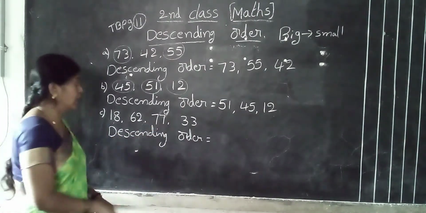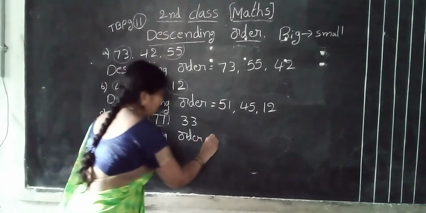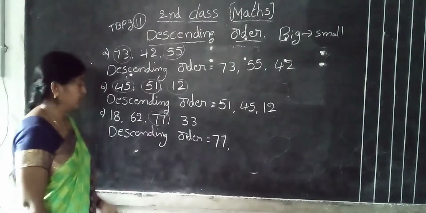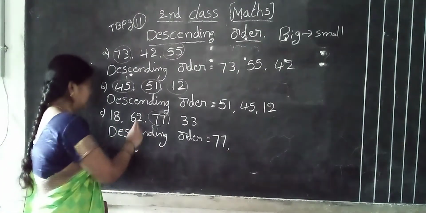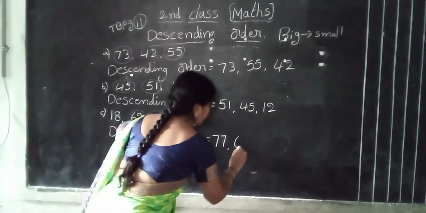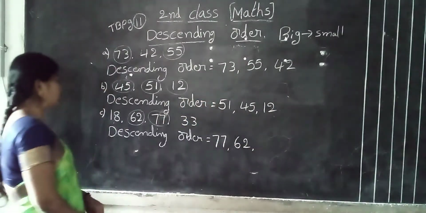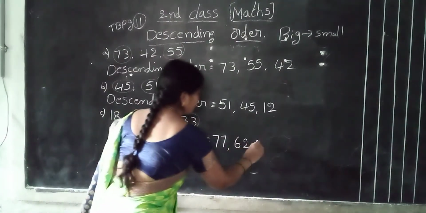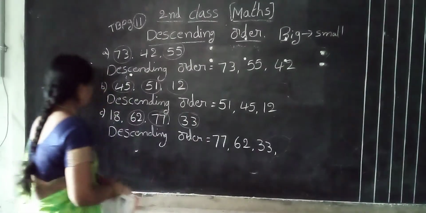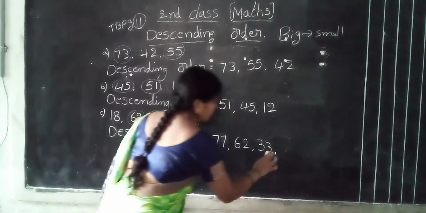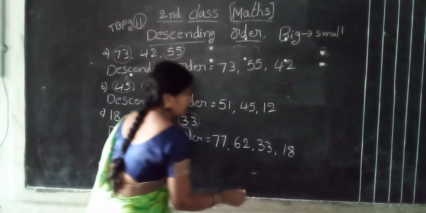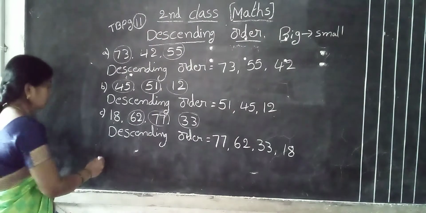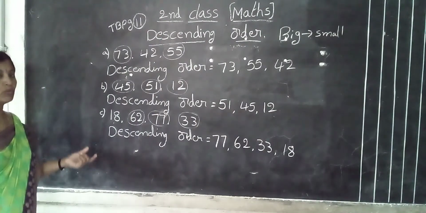Yes, 77 is the biggest number. Next biggest number among 18, 62, 33: 62 is the next biggest number. Next biggest number is 33. So next number 18. Okay children, note down in your maths CW.